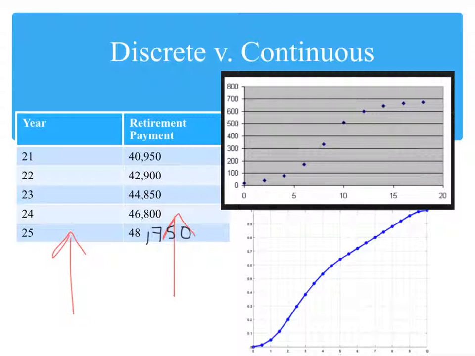So at year 21, you're given a retirement payment. At year 22, you're given a different one, and so on and so forth. Year 25, you would have $48,750 as your retirement payment. You cannot retire at year 21.3. Apparently with this company, you can only retire at the yearly mark. So that's an example of discrete data.